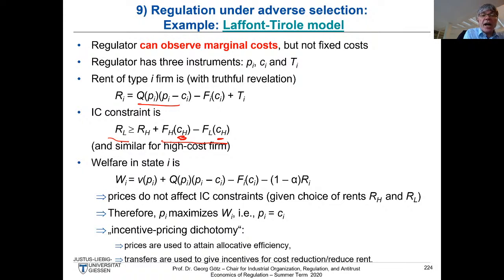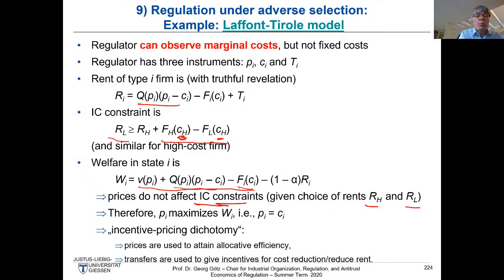Welfare in state I is also the same as previously here: consumer surplus plus operating profit minus fixed cost minus (1 minus alpha) times the rent, the costliness of the rent. And the point is that the price does not affect the incentive constraint. Okay, here for given RH and given RH, RL.